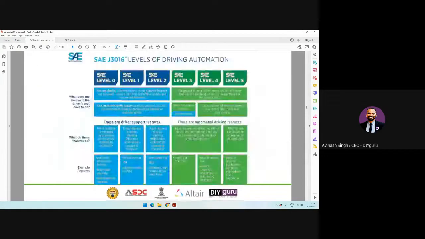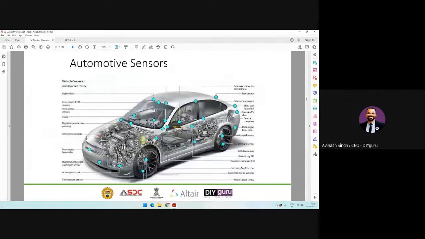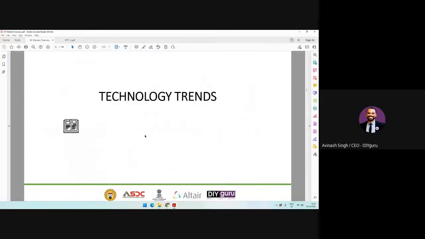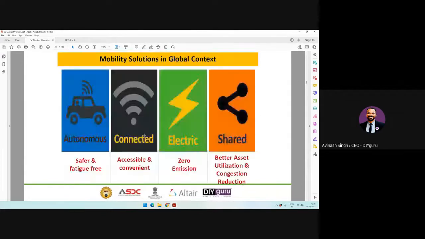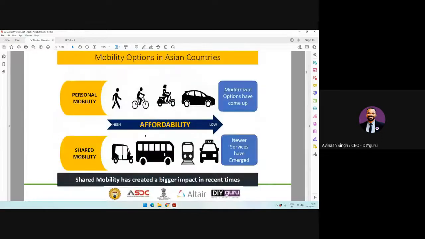So yeah, make sure that you are well prepared before the next class. Whatever we have covered today is more on the part of the features. How do you make the electric vehicle safe, or any vehicle safe? How do policies come into the picture? What is the problem India is facing?